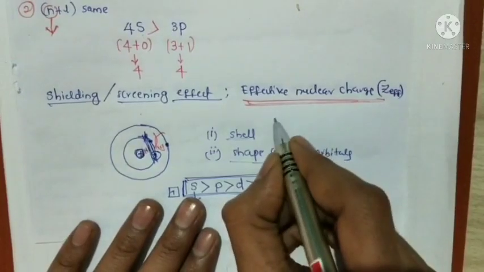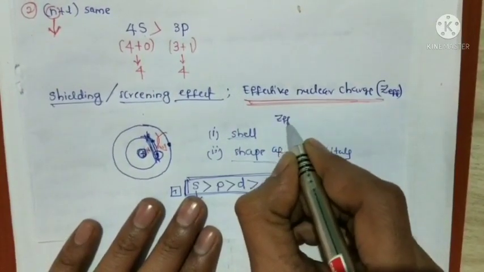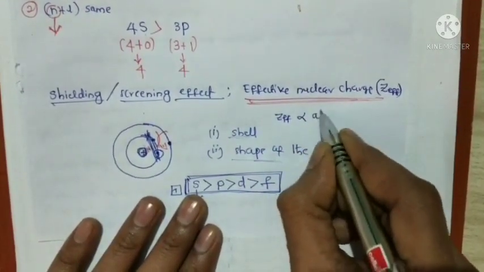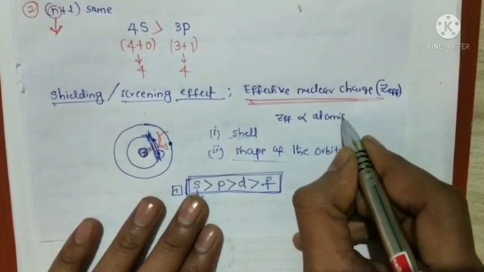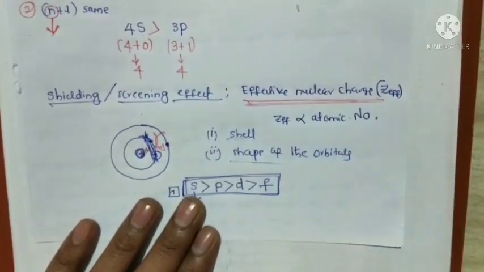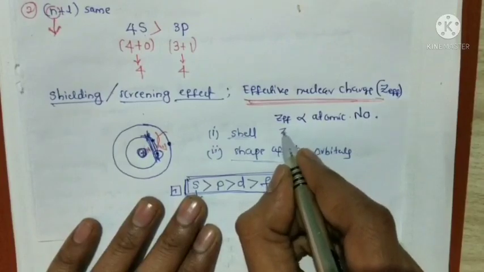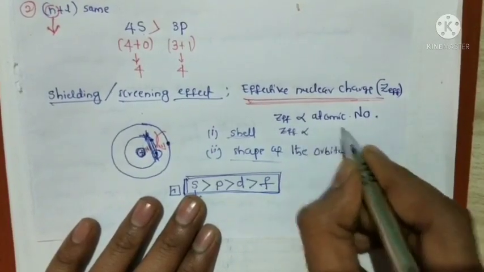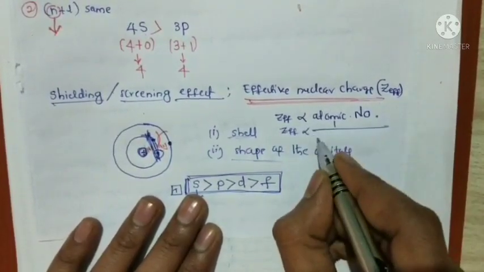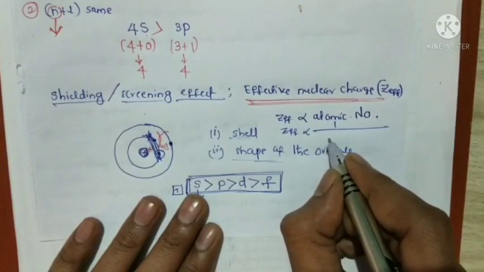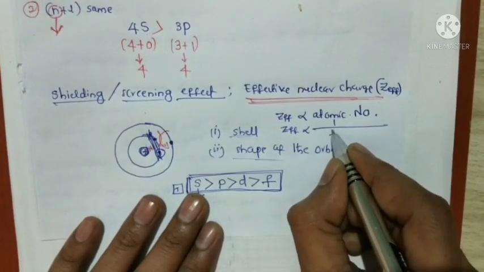And this effective nuclear charge is directly proportional to atomic number, and inversely proportional to azimuthal quantum number or orbital quantum number, that is l.